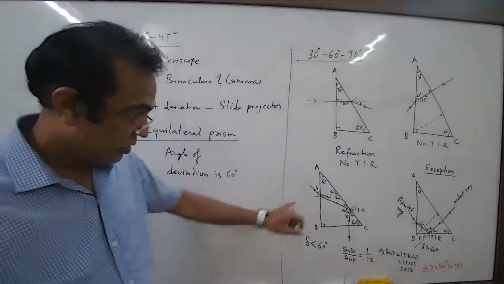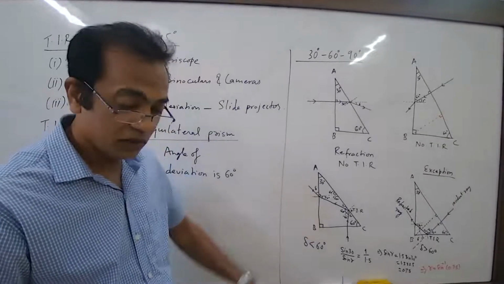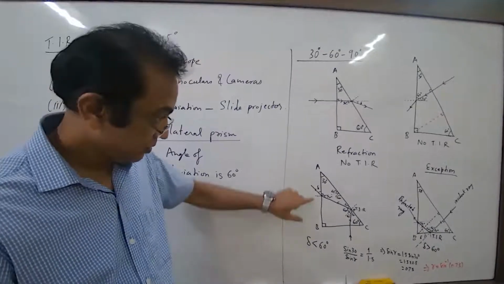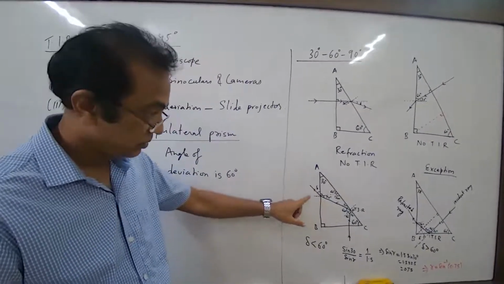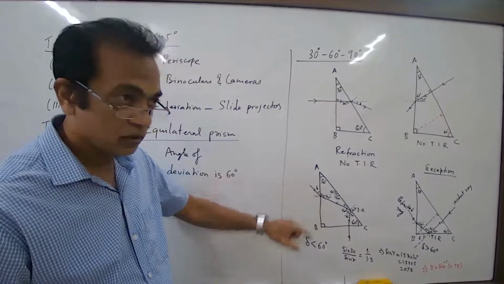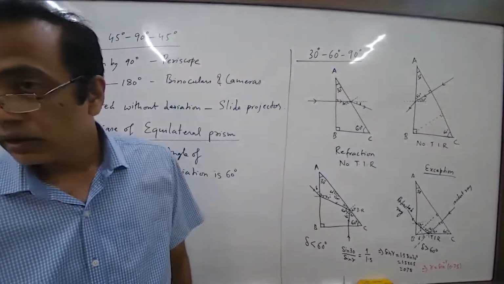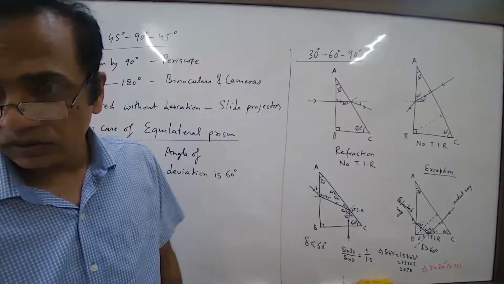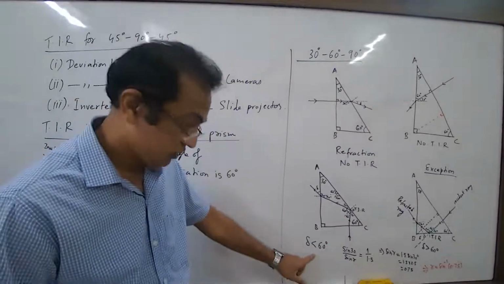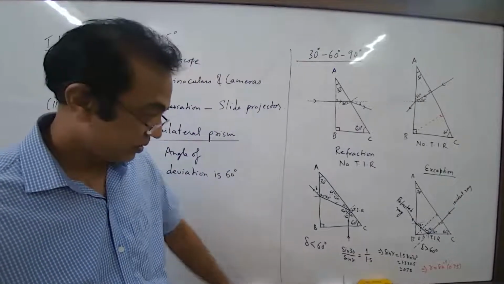Okay, so if this is 48, then 90 minus 48 is how much? This is the angle of refraction you are getting as 48. So if this is 48, then what is the angle of deviation? 42, which is less than 60 degree. Got it? So angle of deviation is less than 60 degree.